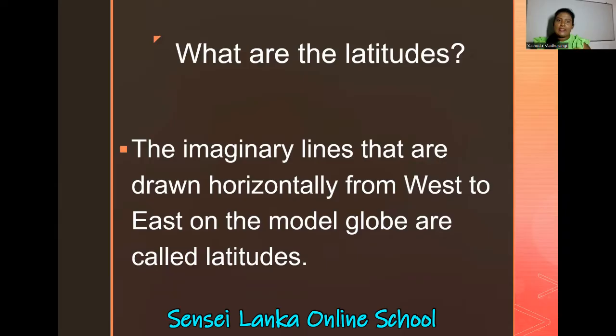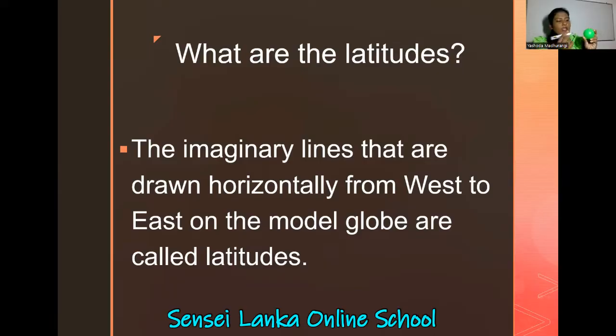Don't worry if you don't have a real model globe. This plastic ball is enough for that. For our lesson, you have to assume, you have to think, this is our planet Earth. This is our model globe.